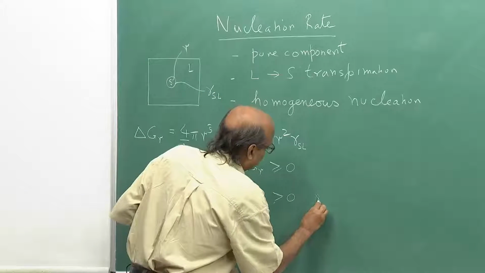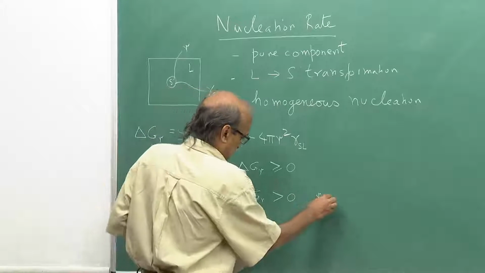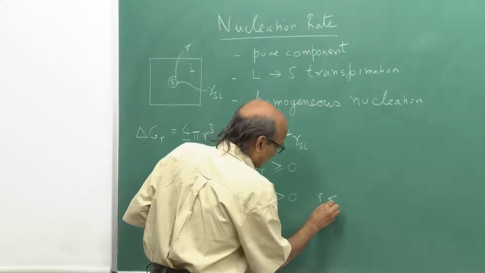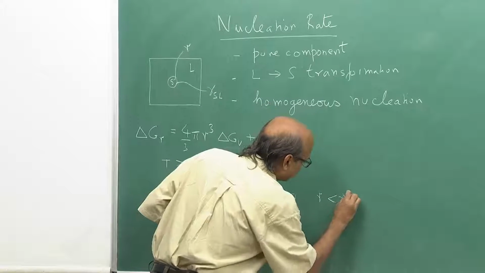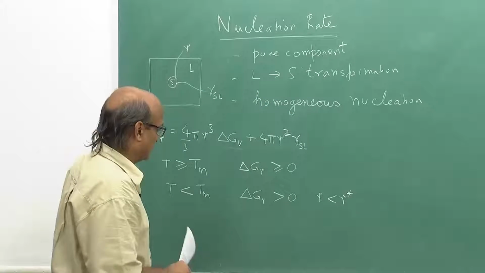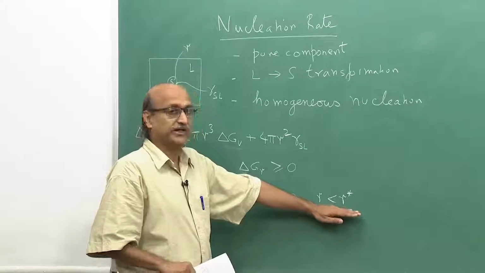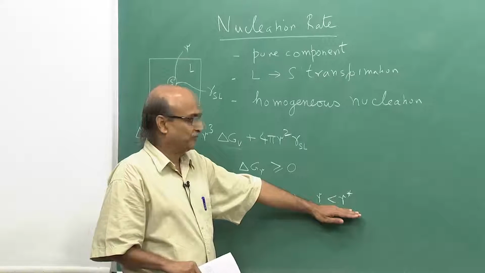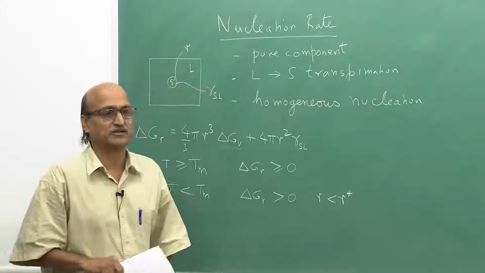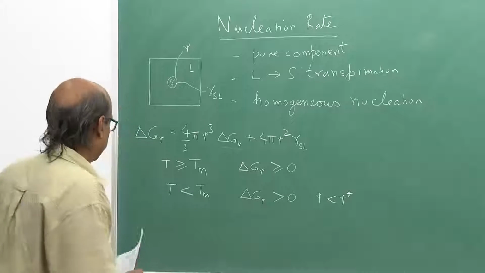for the size of the nucleus r less than r star. In fact, we are only interested in analyzing the formation of a nucleus up to the critical size of the nucleus, r star.